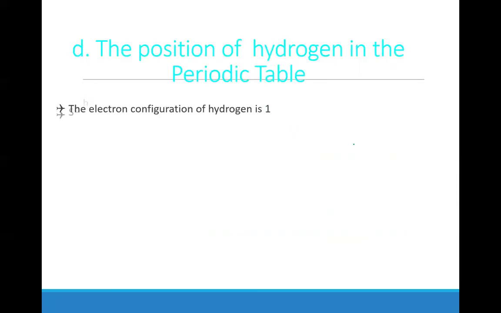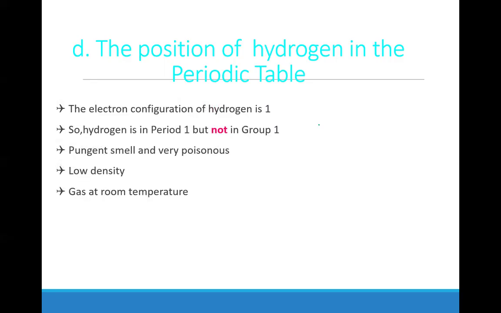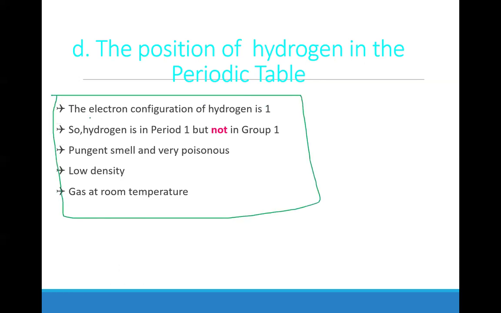Okay, so let's go over the position of hydrogen in the periodic table. The electronic configuration of hydrogen is 1. Its position has always been controversial, and I think we were discussing yesterday as well that hydrogen is often placed in group 1.